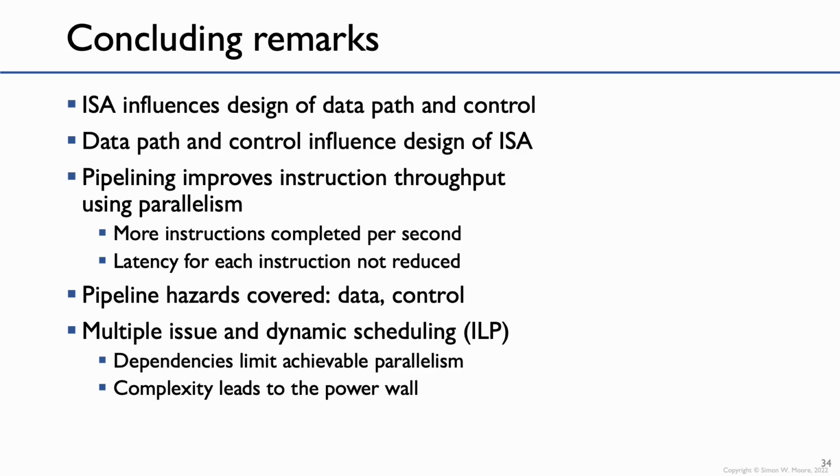However, dependencies limit the achievable parallelism and complexity of these much more sophisticated processors. We also start banging up against the power wall. You make the processor a lot more complicated, it ends up consuming a lot more power, and then you end up becoming thermally limited, and that then slows the clock frequency down. So it's a very complex design optimization space.